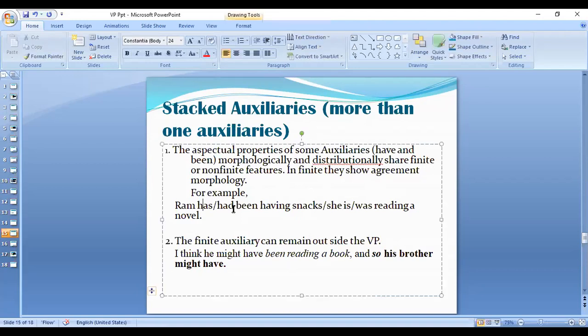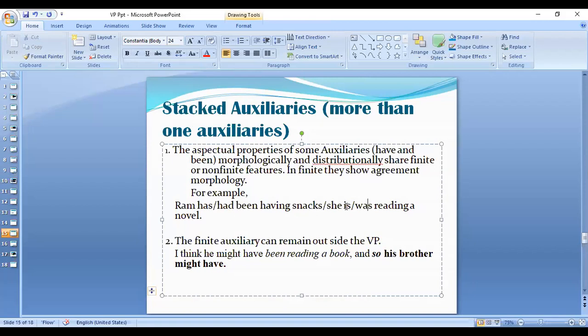Ram has had, been having snacks. Here, the stacked sequence of "has had" is actually signifying the aspectual characteristics. She is and was reading a novel.